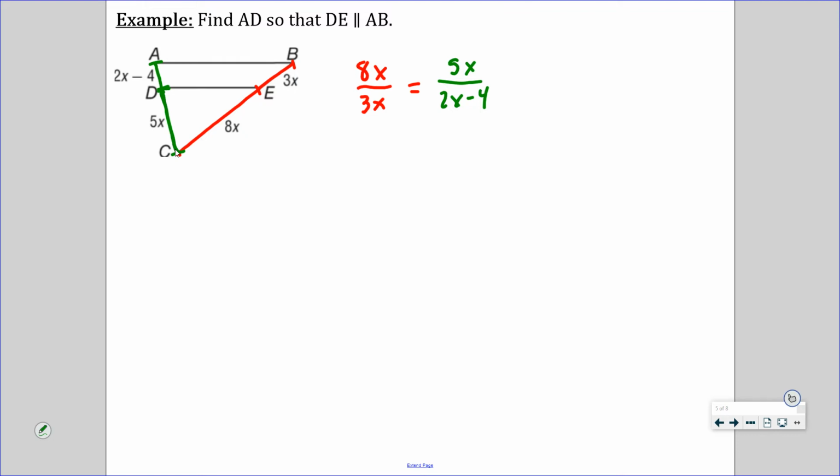Well, what is anything over itself reduced to? 1. So x over x is really just a big ol' 1, or you can think they cancel each other out. But really you just have 8/3 times 1. So that does just leave the numbers. Good job, Alejandro. And now this becomes a lot easier to cross multiply.